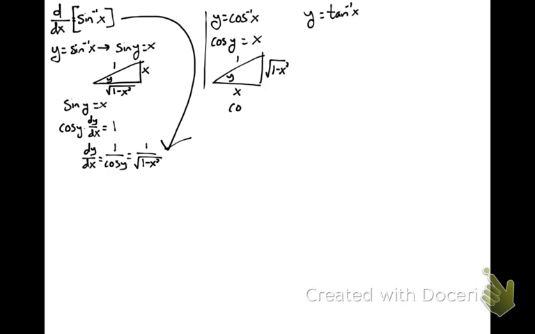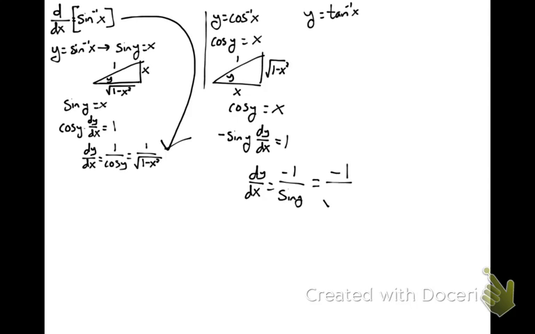If I use implicit differentiation to take the derivative of cosine y equals x, we'll end up with negative sine y dy/dx equals 1, which means that dy/dx equals negative 1 over the sine of y. And we can figure out the sine of y from our picture. Since the sine of y is the opposite over the hypotenuse, I would have negative 1 over the square root of 1 minus x squared.